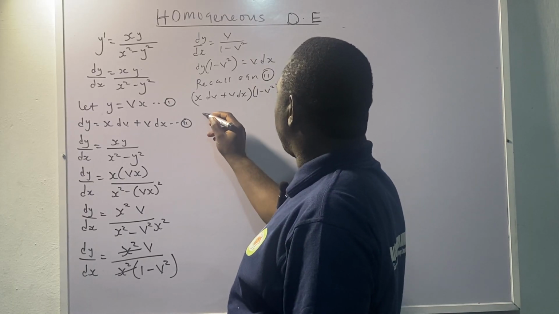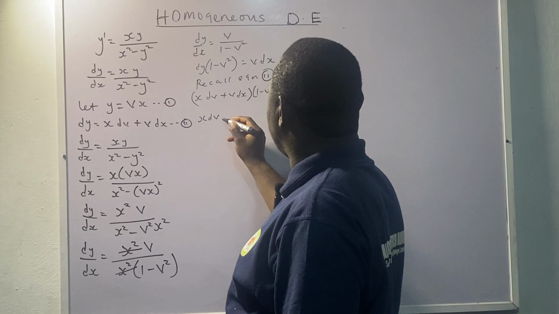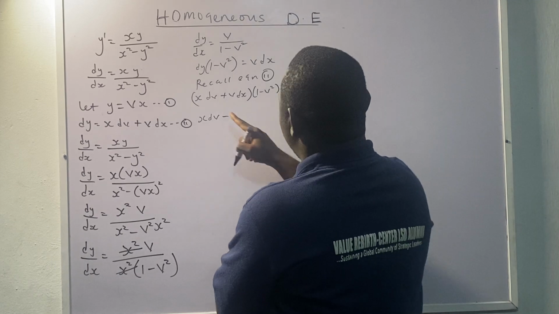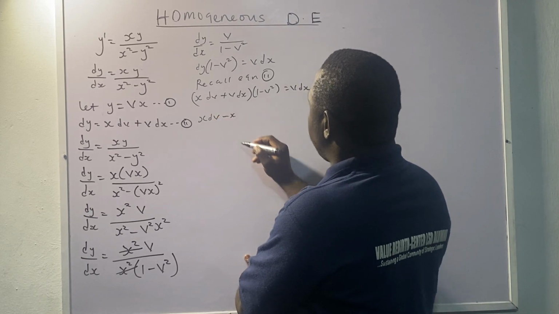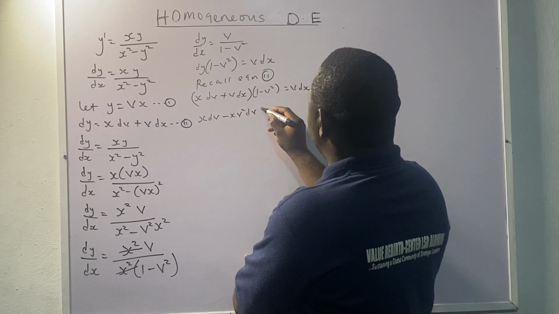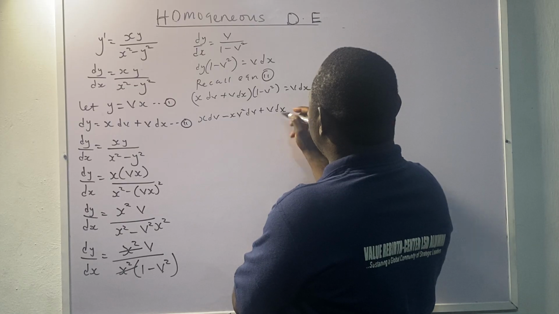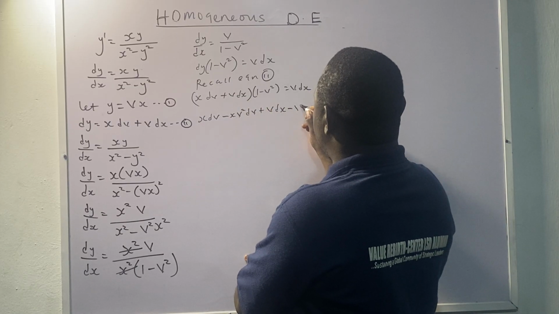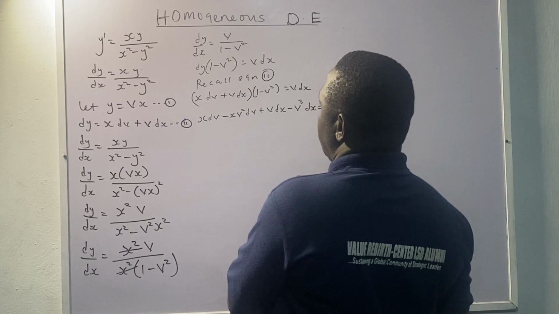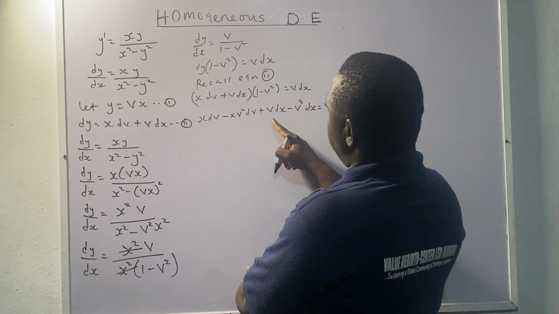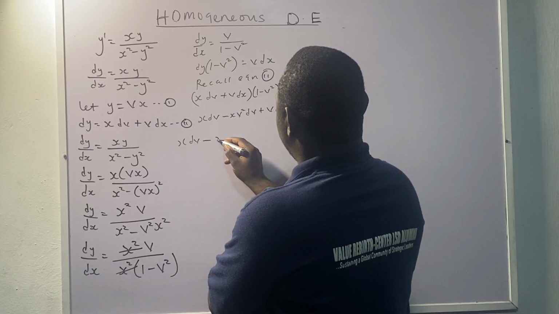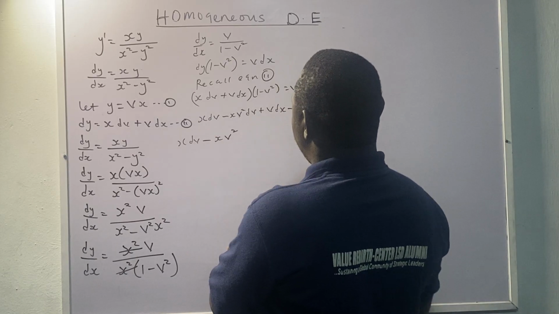So that you can open the bracket, you have x dv, and then you can have these two. When you multiply this by this, you have x v squared dv, then this times this, you have plus v dx, then this times this, v appears 3 times, and then dx, then v dx. So from here, I know that v dx is common.